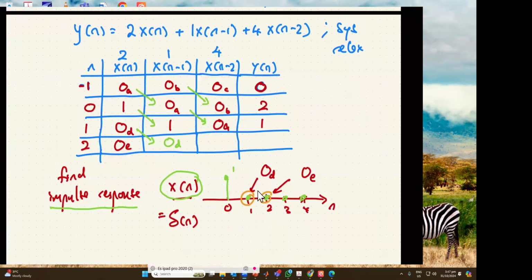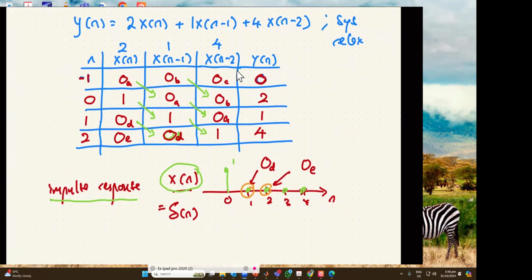Oops, I used the wrong color. And now the output is 4, right? So what's going to happen one more time, guys? If I'm going to ask you to find one more row.